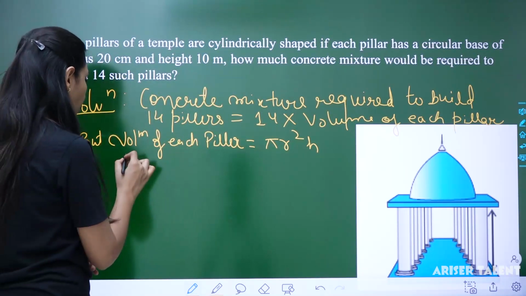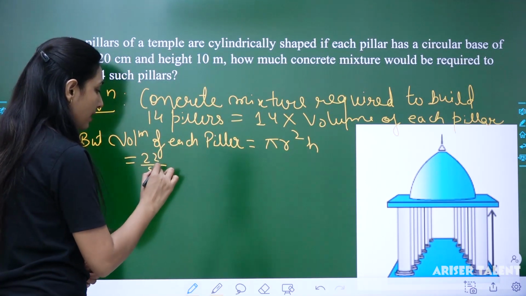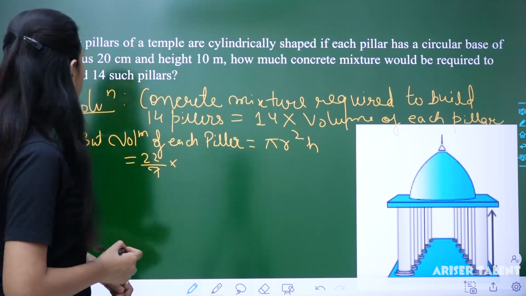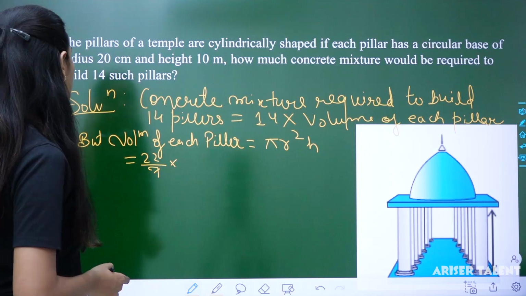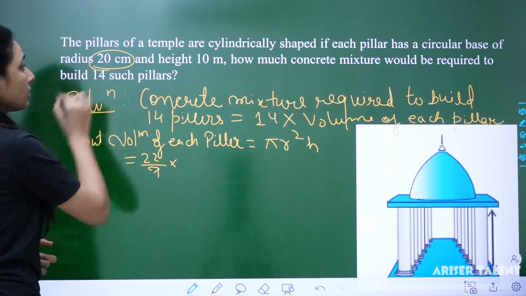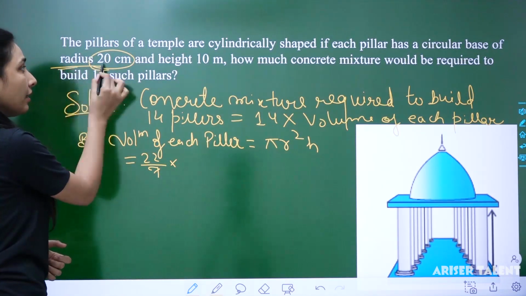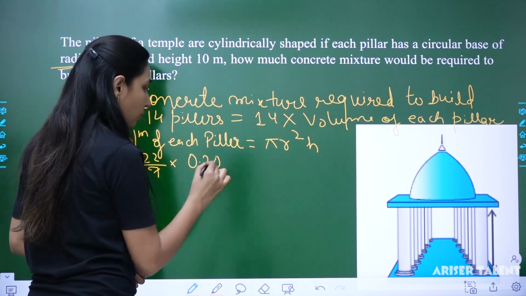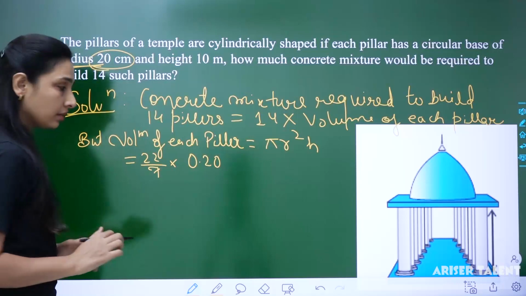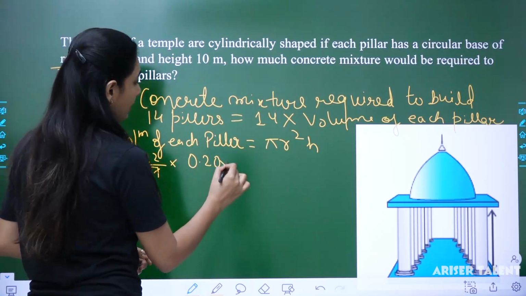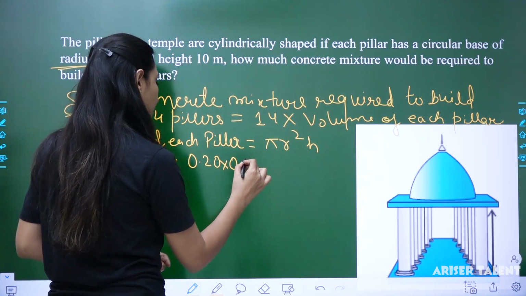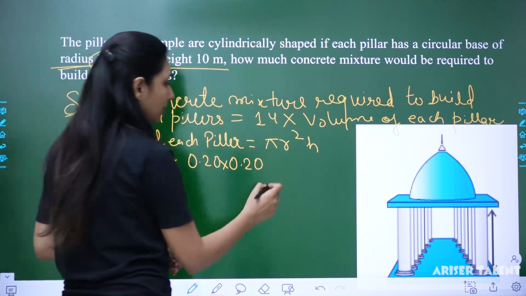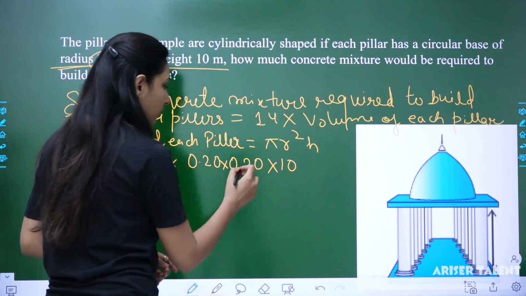Okay. Now, pi is given as 22 by 7. Then r, the radius, is given to us as 20 centimeters, so you can write it as 0.20 meters, multiplied by again 0.20 meters, then height 10 meters.